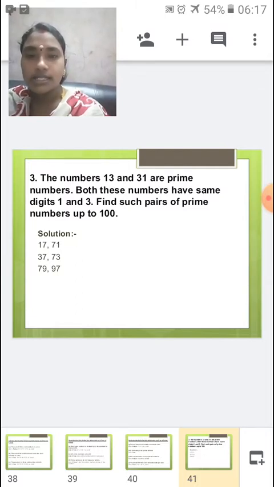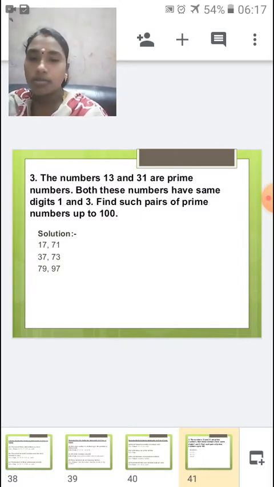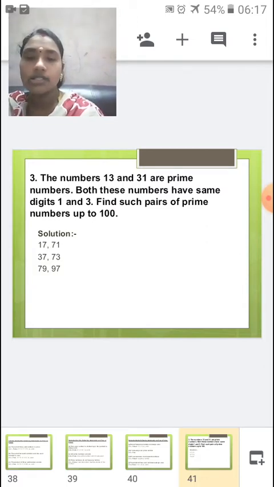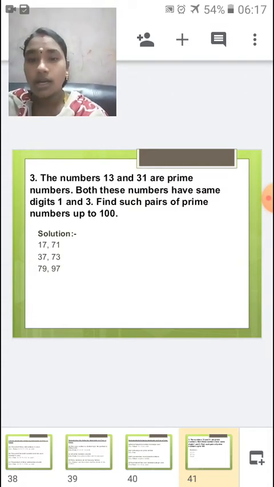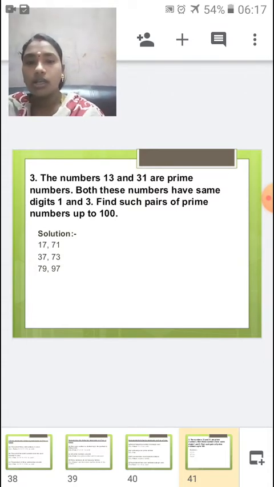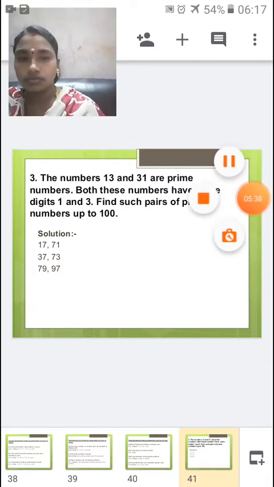So 17 and 71 are both prime numbers and they have the same digits in their positions but slightly changed. Okay, so 17 and 71 are the prime numbers having the same digits.